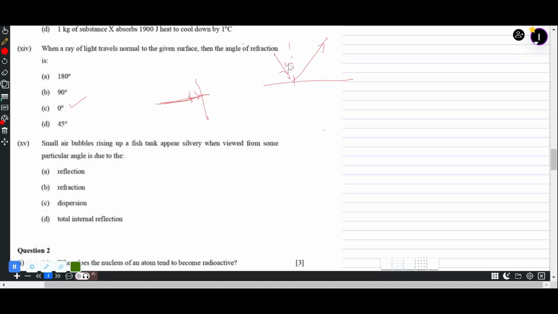So this is how we calculate incident ray, I, and reflection. Okay, that is angle of reflection. In case of refraction, it will be R, angle of refraction. Okay, so 0 degree. Small air bubbles rising out of a fish tank appear silvery when seen from some particular angle because of total internal reflection.